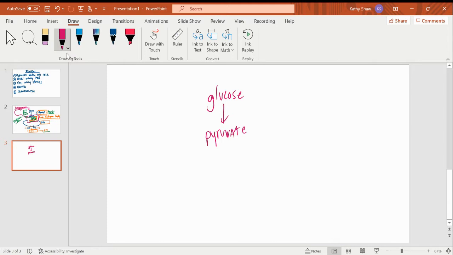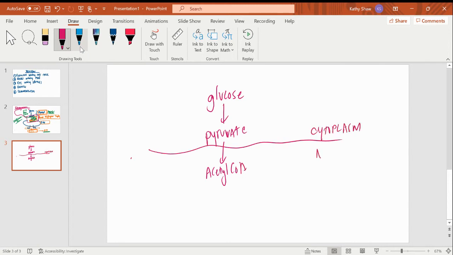So what we're going to do now is we're going to go to acetyl-CoA. We're going to cross into the mitochondria from the cytoplasm. We're going to make a molecule of acetyl-CoA so that we can do the Krebs cycle, go to electron transport, and get ATP.